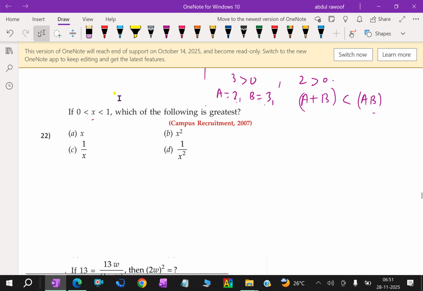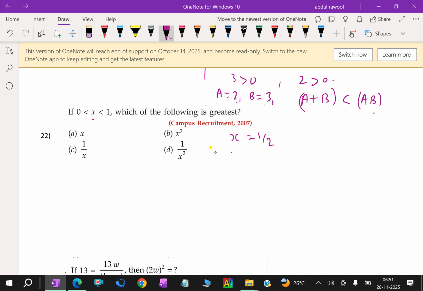Suppose x is a proper fraction, that is suppose x equal to half, because it says it is greater than 0 and lesser than 1.